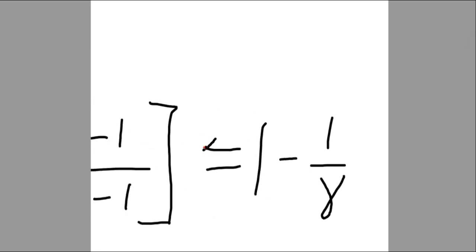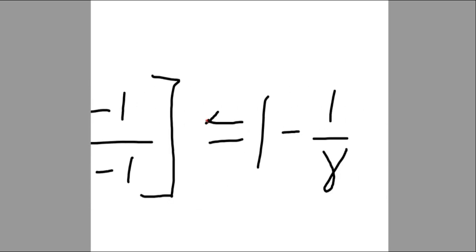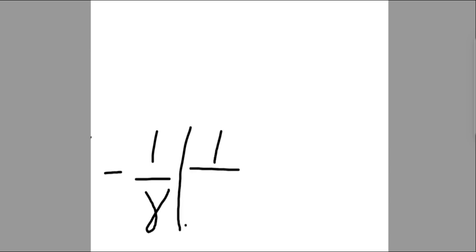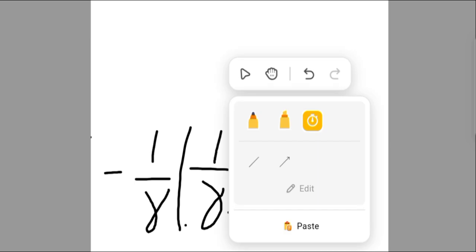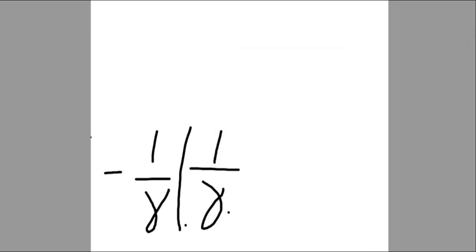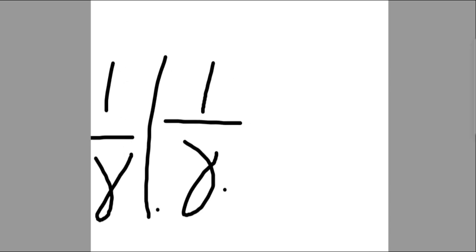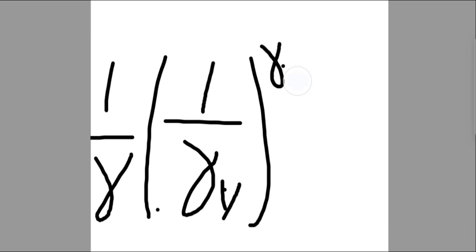Then we also have our T1 over T2, which is the inverse of T2 over T1, which will give us 1 over the compression ratio raised to power gamma minus 1. So we have, in brackets, 1 over the compression ratio, close brackets, raised to gamma minus 1.